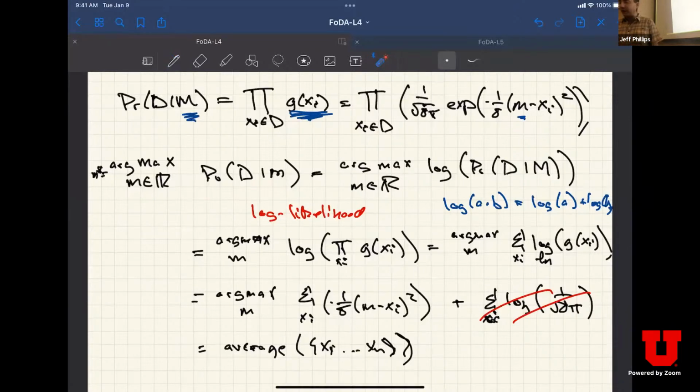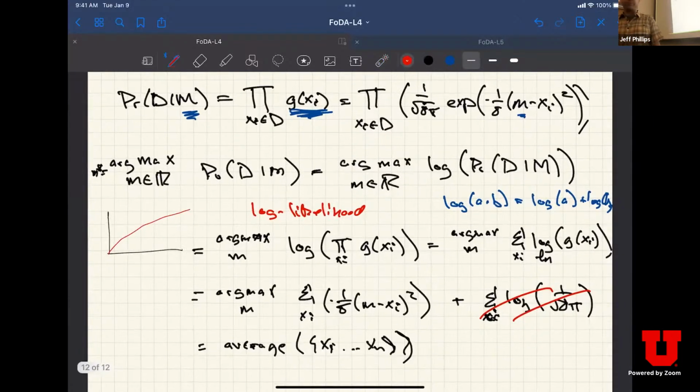Okay, and so I want to find the maximum model. But the maximum is the same as the maximum of the log of the probability. A log function for something that's greater than 0 looks something like this, kind of plateaus.